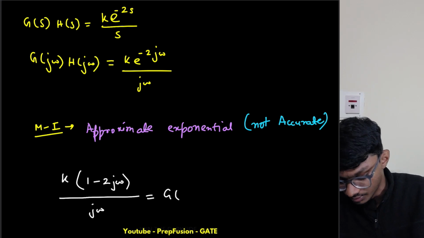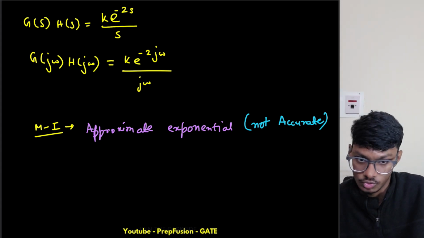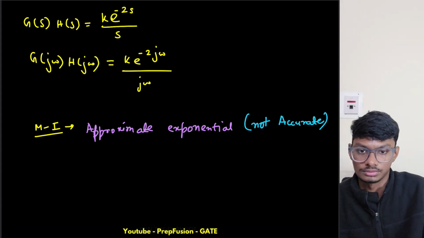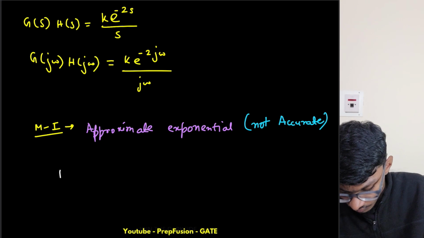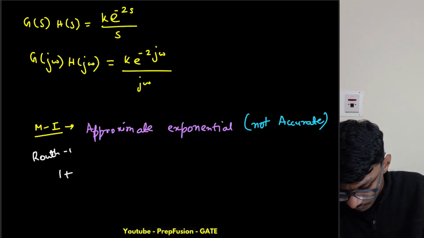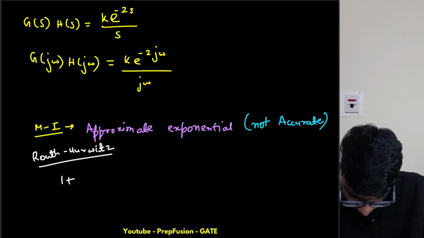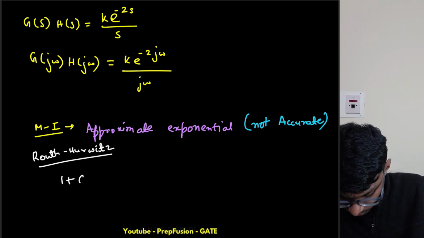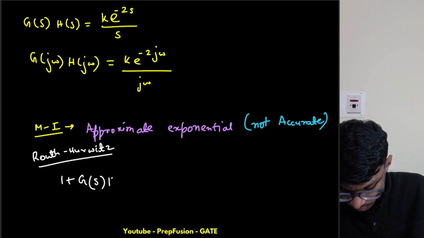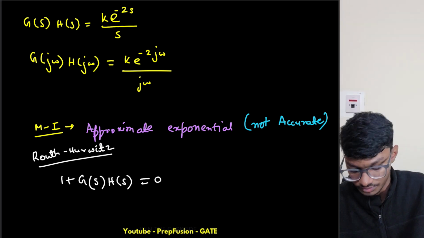One thing I have to note is that if you are using Routh-Hurwitz, we don't need to write j omega. You can simply write in terms of s only. So I will use Routh-Hurwitz, 1 plus g of s h of s equals to 0.